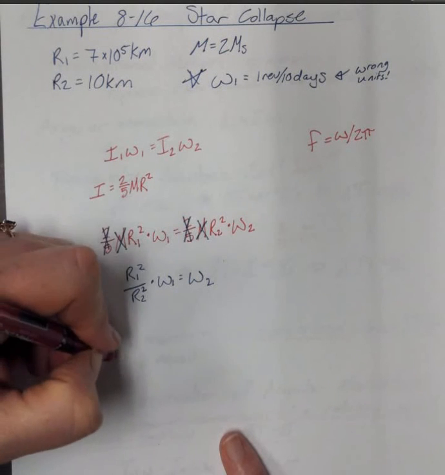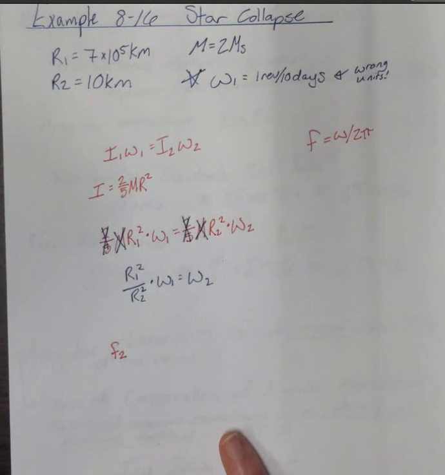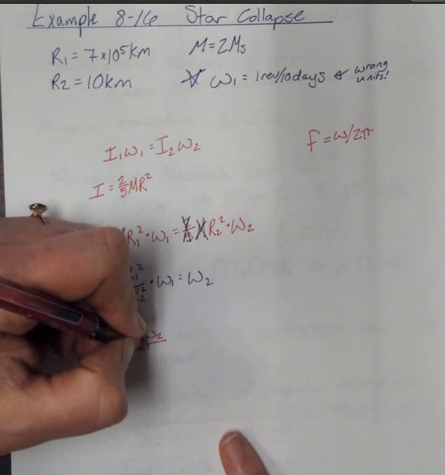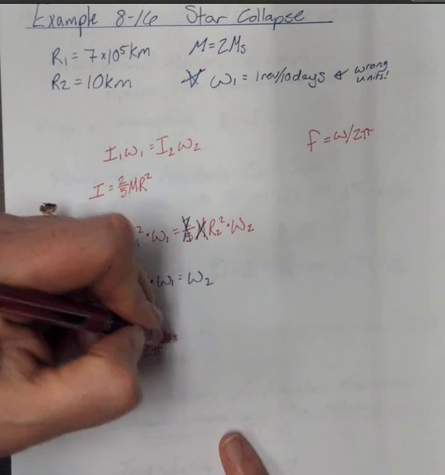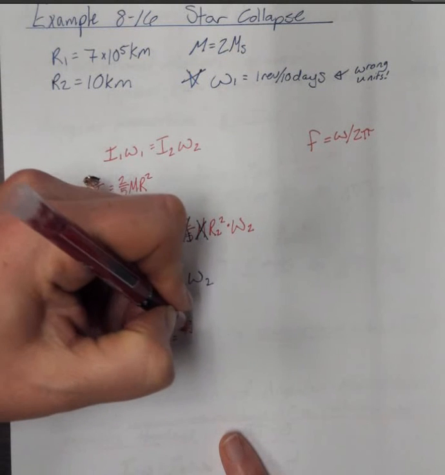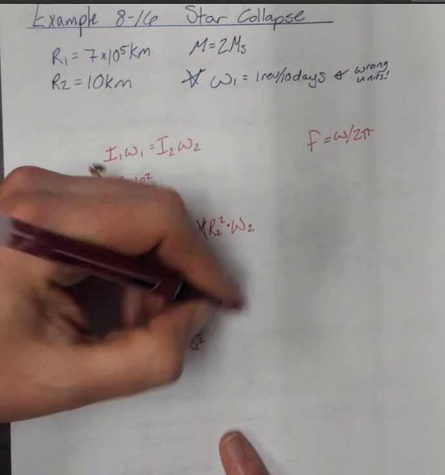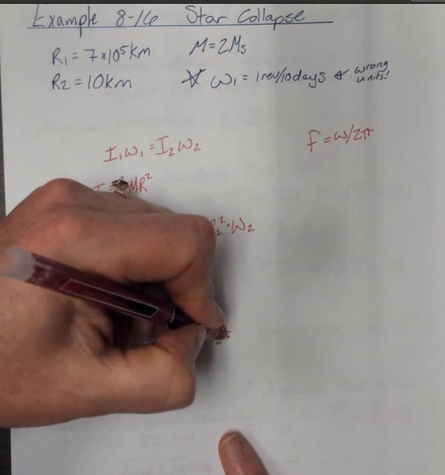The frequency in revolutions per day, which is what I want, would be given by omega 2 over 2 pi, which would be given by R1 squared over R2 squared, and then I'd have omega 1 over 2 pi.